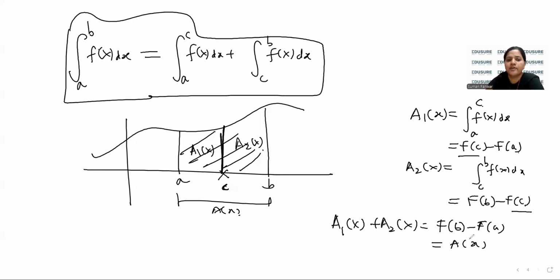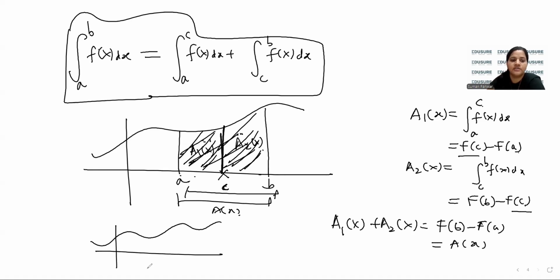That means if we have two intervals and we add these two integrals, we will get the integral over the interval a to b. And this can be done for as many partitions as you want or as required by the question. For example, we have a, a1, a2, a3 till b. So we can break the integral accordingly: from a to a1, from a1 to a2, from a2 to a3, from a3 to b, and so on.